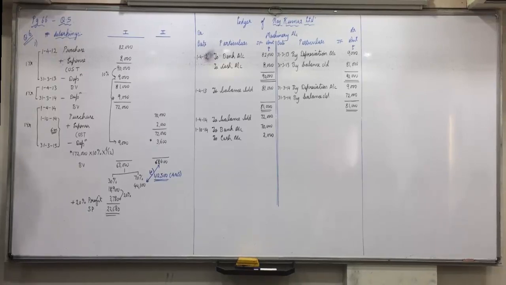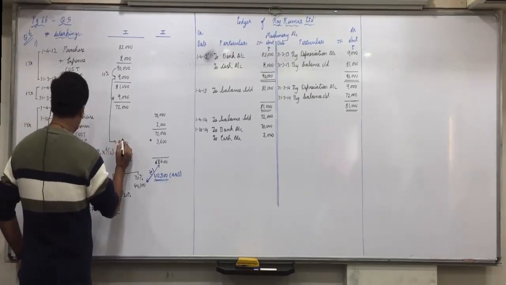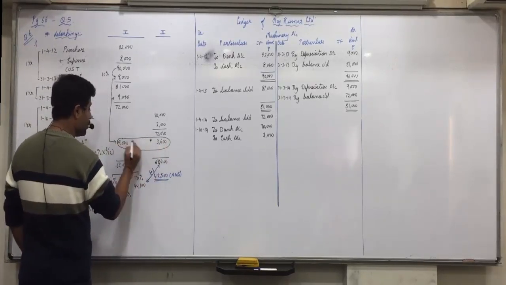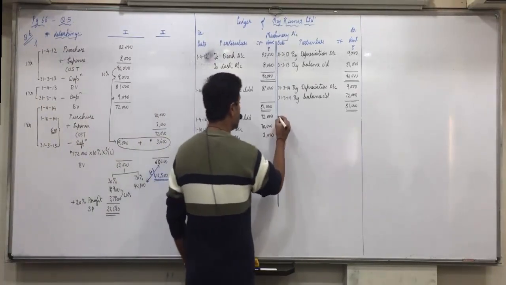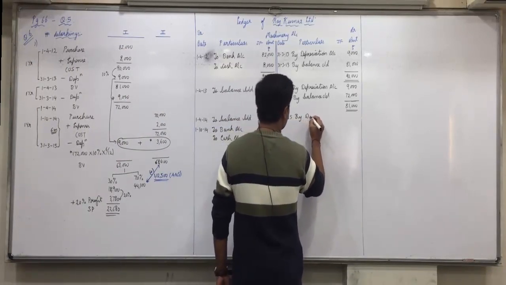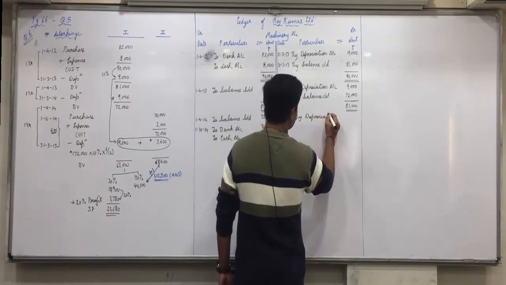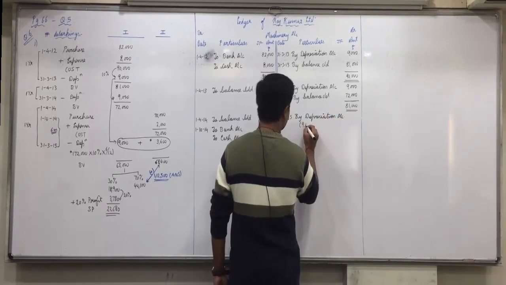Sir, 12,600. Yes, you did the homework on your own, not copied it. So now, 31/3/15, the depreciation will be 9,000 plus 3,600. Total depreciation of 12,600 on the credit side, 31/3/15 by depreciation account. In brackets, you will show that.